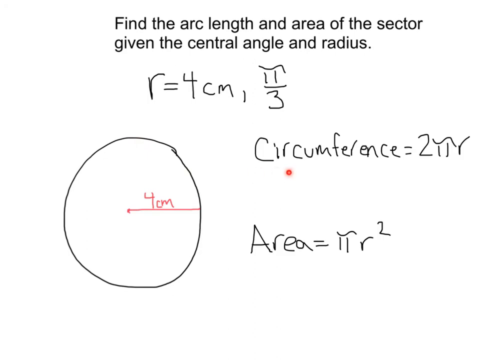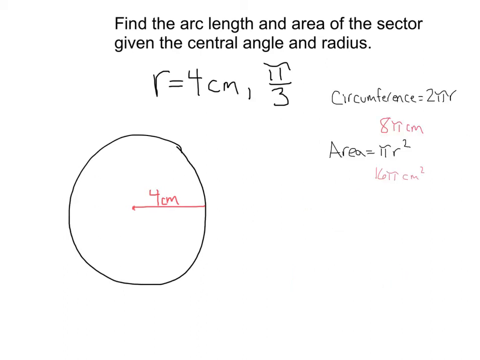So first, to find the circumference, we know the circumference of a circle is 2 pi r. So if we plug in our radius, that's going to give us a circumference of 8 pi centimeters. Likewise, the area of a circle is pi r squared, so we plug in 4, and we're going to get 16 pi centimeters squared for our area.